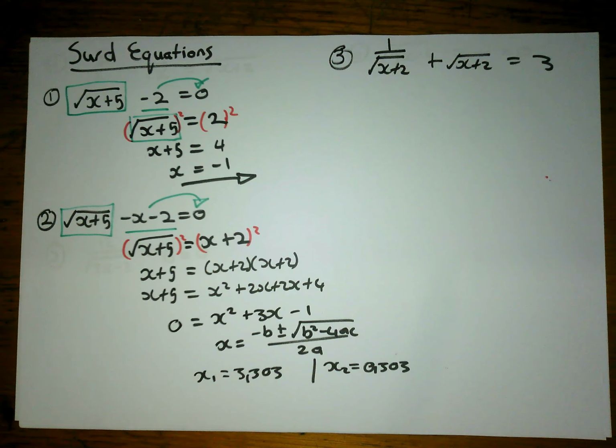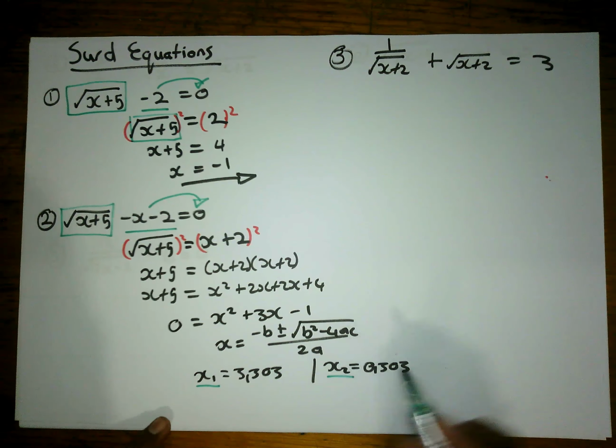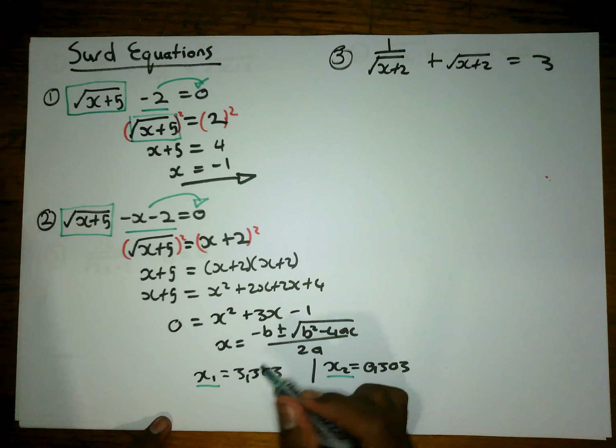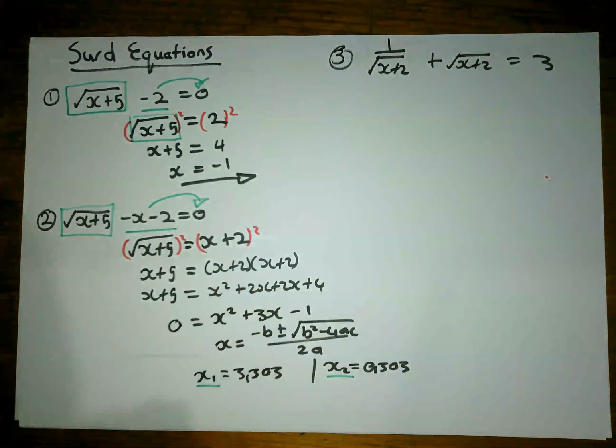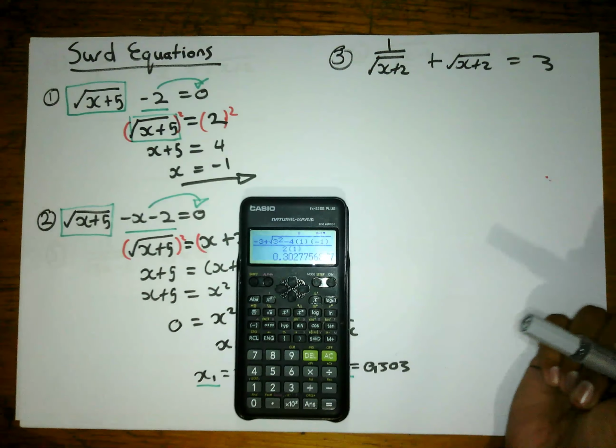So our next step, after we get this x value and this x value, we must substitute these values separately into the given equation. When we do that, I hope everyone can see this.